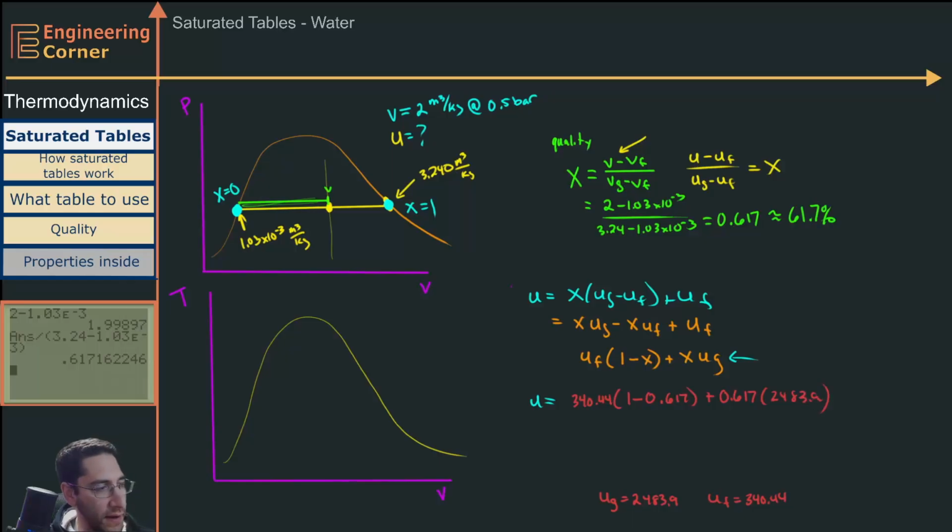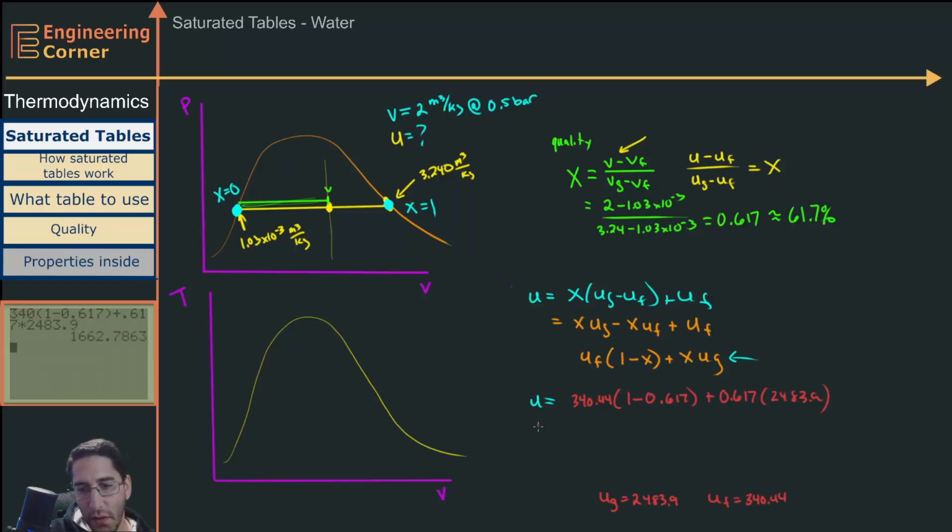And we just put that in the calculator. So this is going to be 340 times 1 minus 0.617 plus 0.617 times 2483.9.